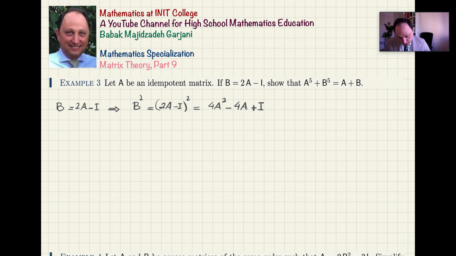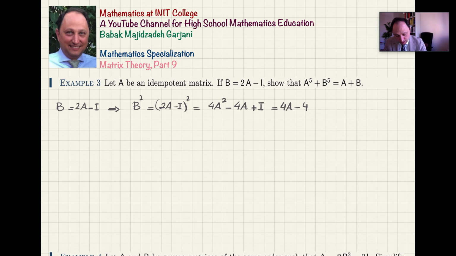Okay, but now you are saying that b squared is I. Why? Can you tell me? Yes, you are right. Because we can rewrite a squared as just a, because we know it's idempotent. Yes, it's an idempotent matrix, so you are right. So this becomes 4a minus 4a.